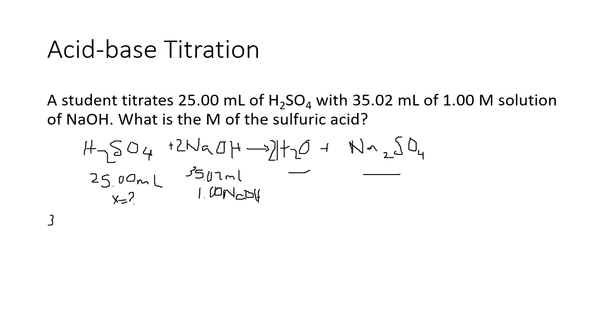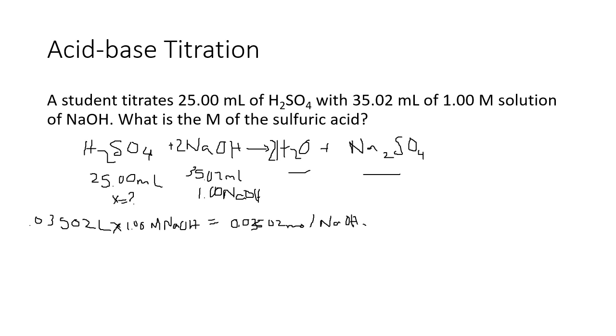We've got our 0.03502 liters, and we're going to multiply it by our molarity, which is moles per liter. And I can do this in either order because of the associative property of multiplication. It doesn't matter. Actually, I take it back. Commutative property. I can put it in whatever order I want. It's still fine. And I find that I have 0.03502 moles of NaOH.